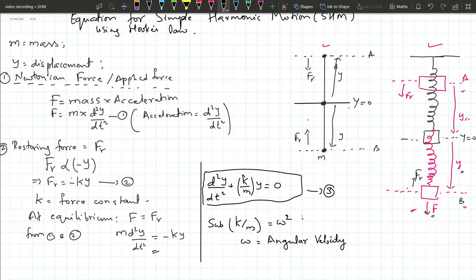On substituting this, I can rewrite equation number 3.